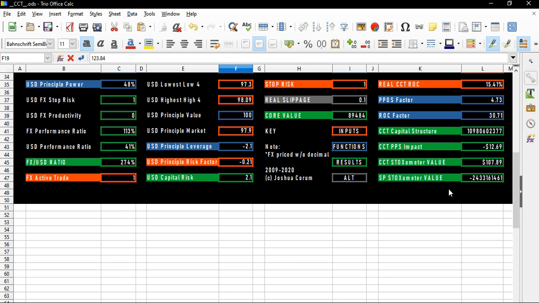This Pro calculator, the CIS CCT Pro calculator, calculates out the precise number of shares that need to be sold. 2,433,161,461 shares need to be sold, and the price needs to drop by $12.69.